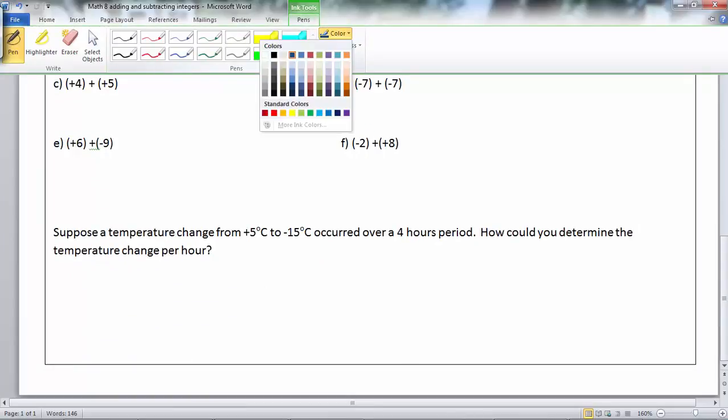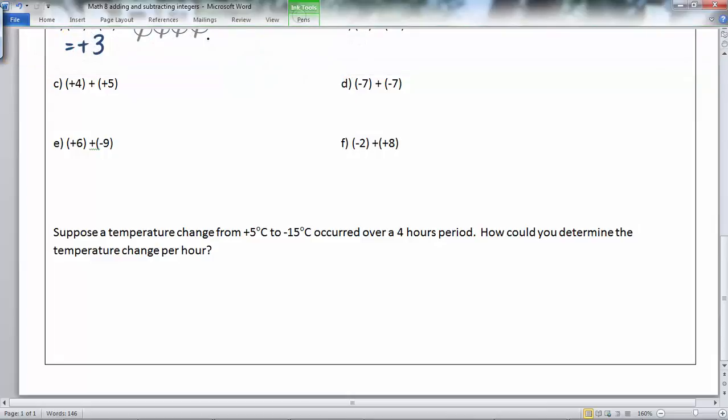All right, welcome back. Let's try that one last word question here with the adding before we move on. It says, suppose the temperature changed from 5 degrees to -15 over a 4-hour period. How could you determine the temperature change per hour? So let's do this with integer chips.